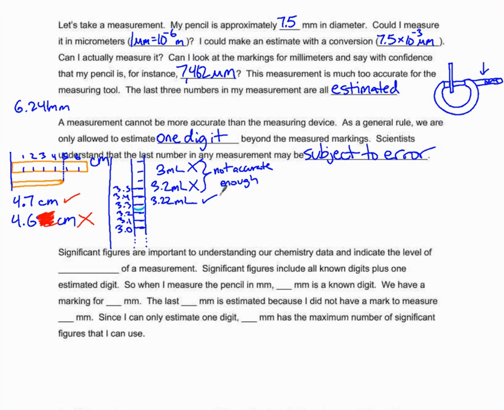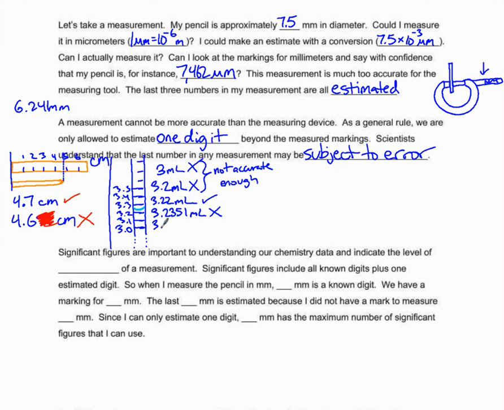But let's say your lab partner goes a little farther, and says it is 3.2351 milliliters. And you're looking at this, and there's lines for 3.2, and there's lines for 3.3, and you tell your lab partner, you can only estimate one digit. You estimated 3. No good.